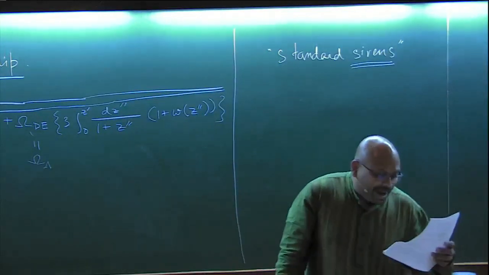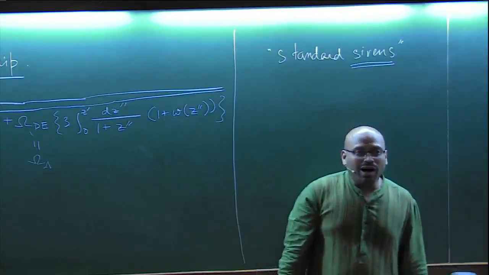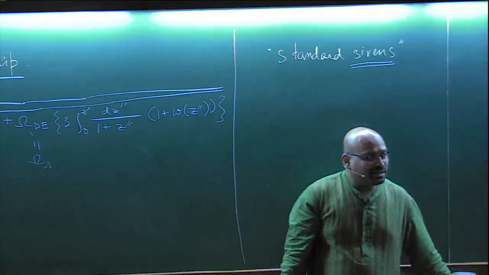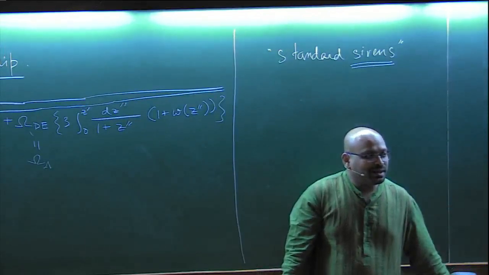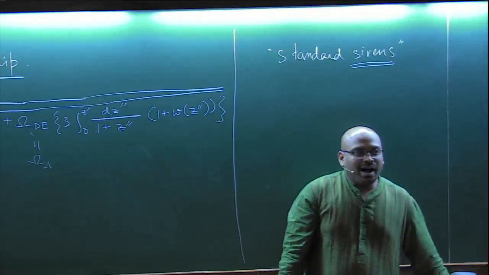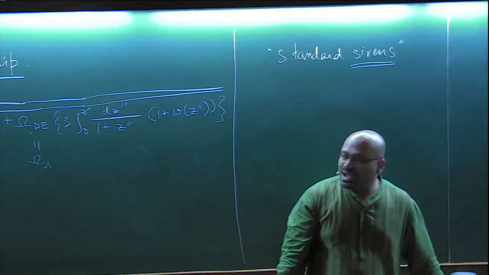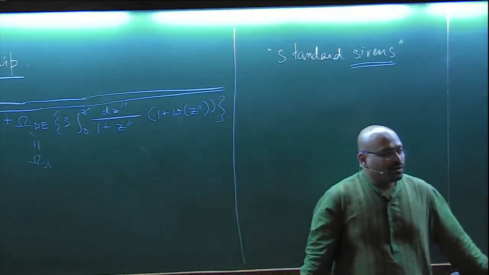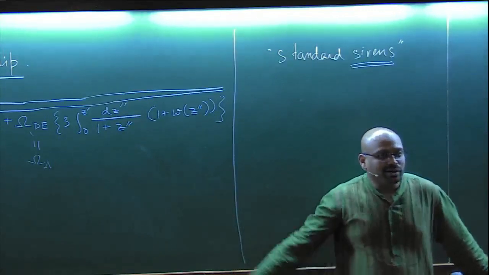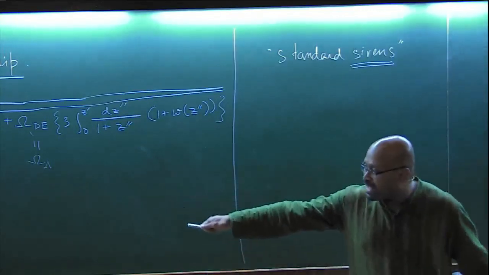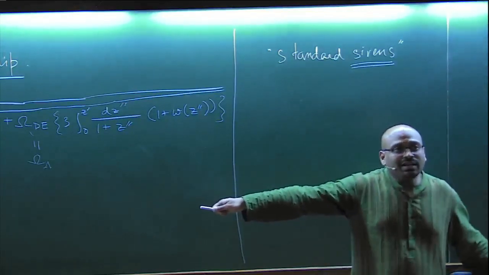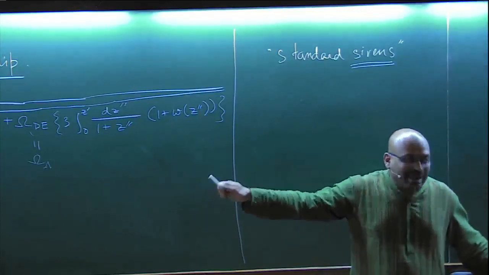But are we through? Are we done with luminosity distance? What else do we need? In order to measure these parameters, along with the luminosity distance, we need a redshift.